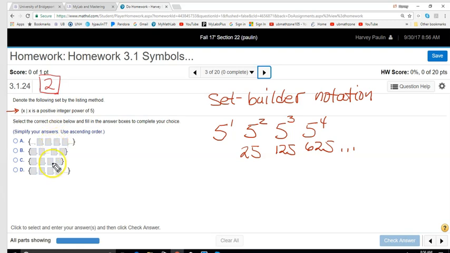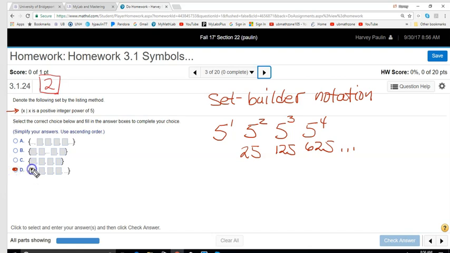So which one of these would you fill in? Now there's only 4 slots here, so we have the 4 numbers here, and then the ellipsis. So if you said D, that would be correct.